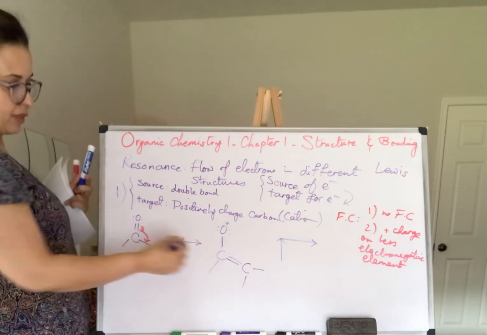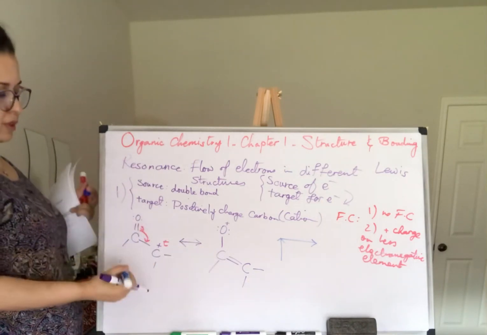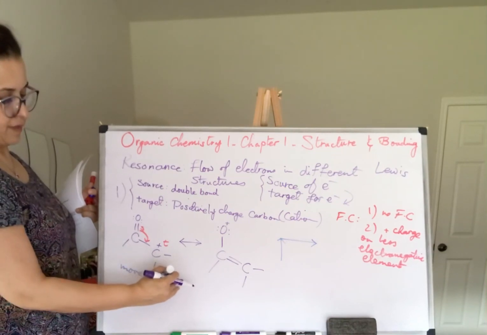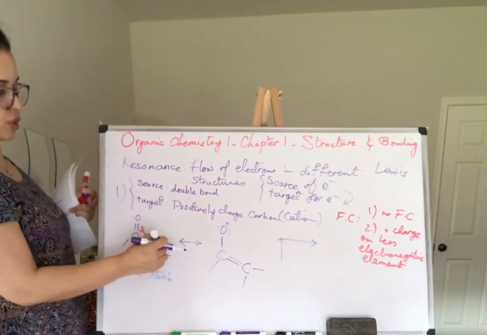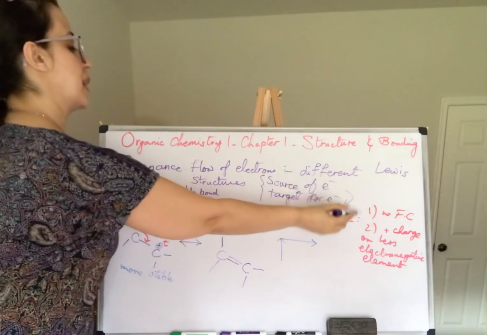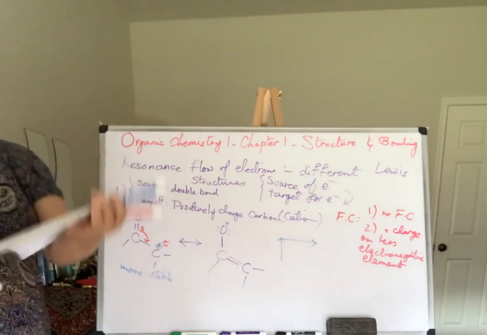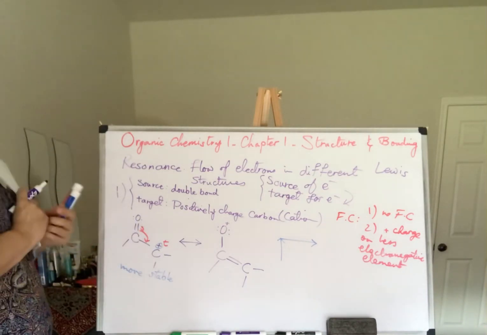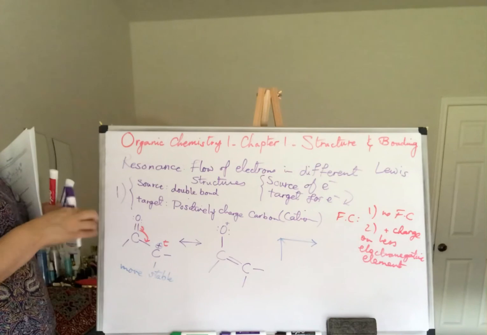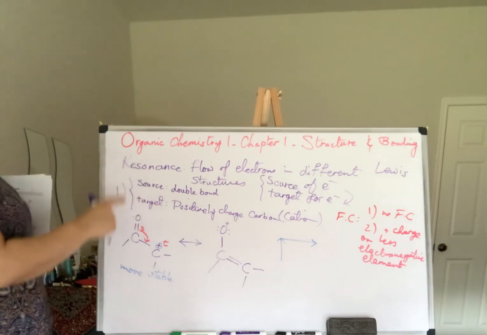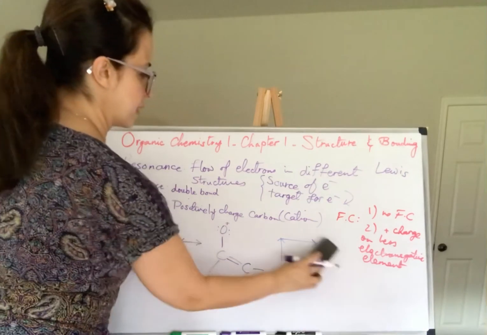So between these two, the more stable Lewis structure is the first one with the positive charge on carbon, which is the less electronegative element. Don't forget these two rules to be able to determine the major Lewis structures. All right. Now we are ready to go to the second condition of source and target. Ready?